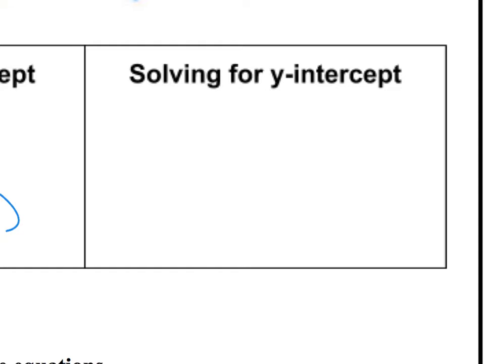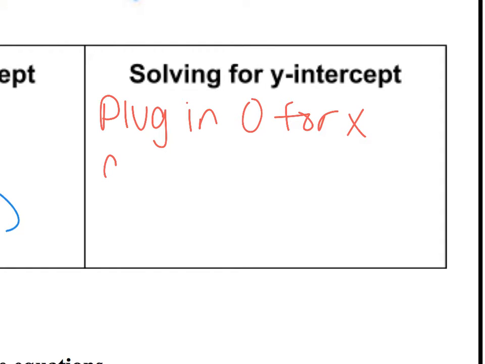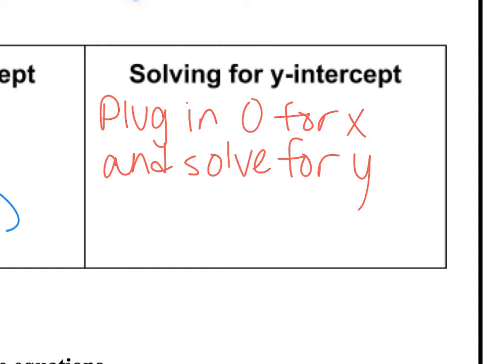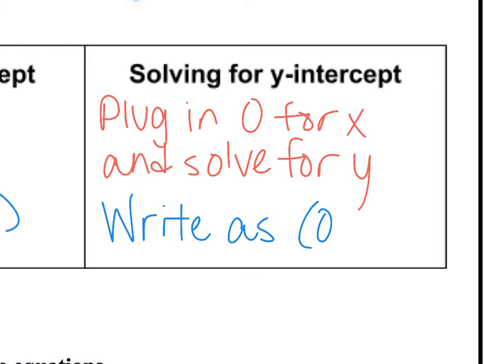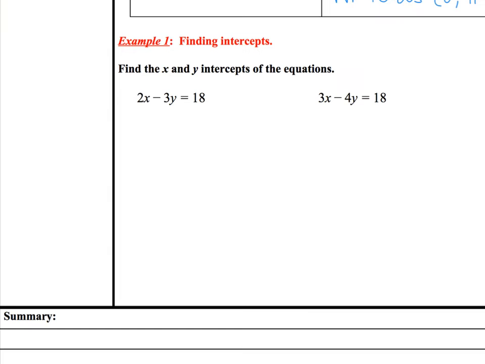We're going to plug in 0 for x, and then solve for y. And then you write your answer as a point. It'll be 0, and then the number that you get for y. You could even draw like a line down that.